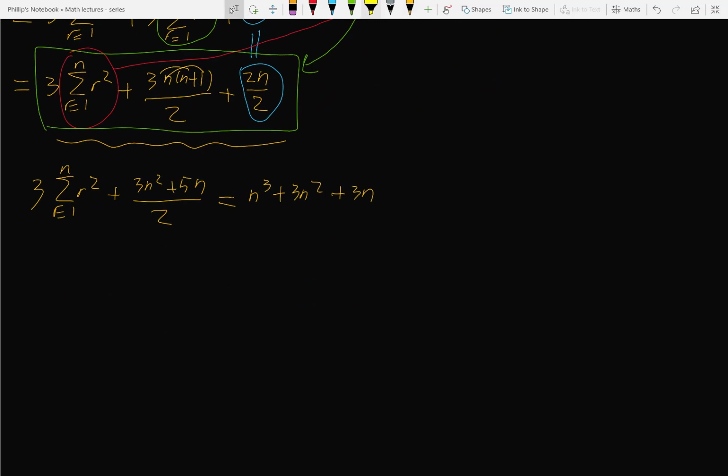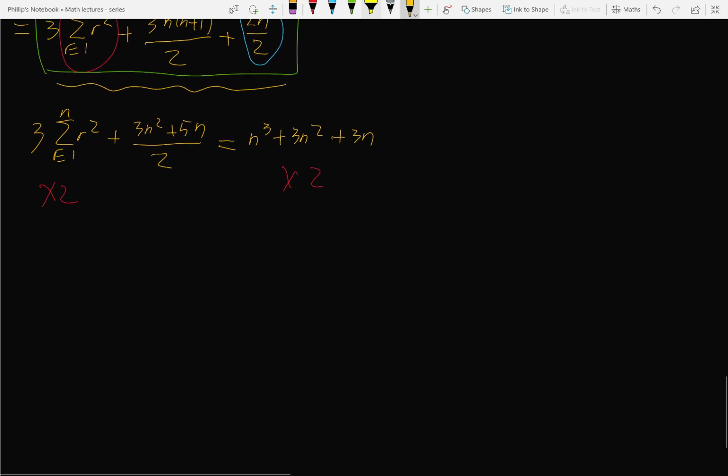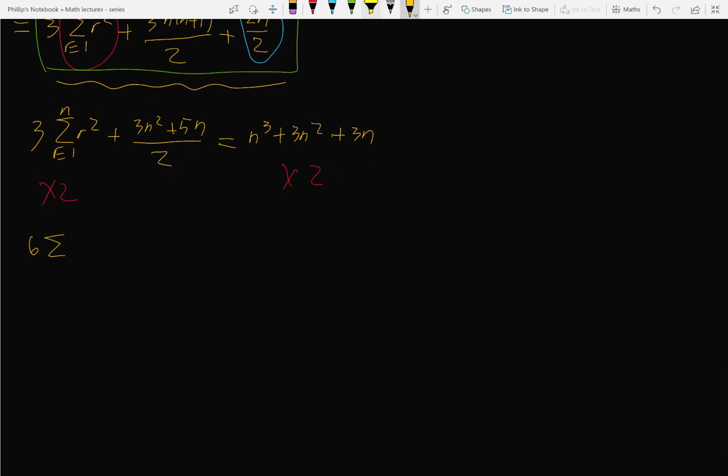Okay, times by 2 on both sides to get rid of the fraction. We'll have 6 times the sum from r is equal to 1 to n of r squared plus 3n squared plus 5n is equal to 2n cubed plus 6n squared plus 6n.